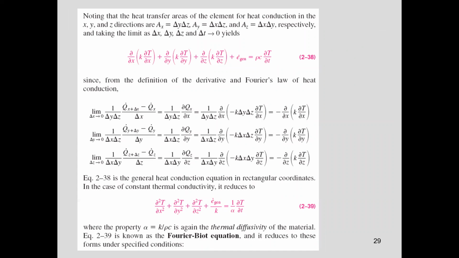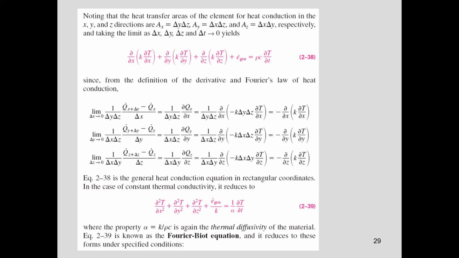And this brings us to this beautiful equation, which is the general heat conduction equation in rectangular coordinates in case of constant thermal conductivity, where the property alpha is again the thermal diffusivity of the material. And this equation is known as the Fourier-Biot equation.